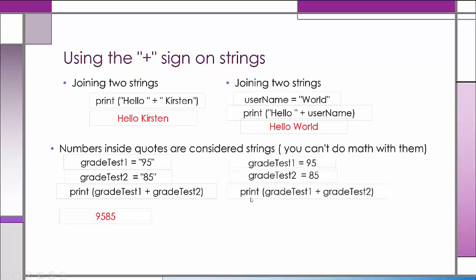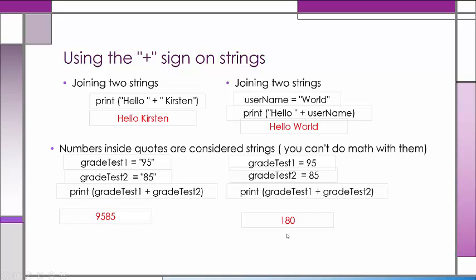If we actually wanted to add them, we would need to make sure that they were in fact ints. And these are now ints because they are not in quotations. And so now the computer is going to look at this as, oh, this is an integer, it's 95, so therefore 95 plus 85 in this case means add them together, and so therefore it will.